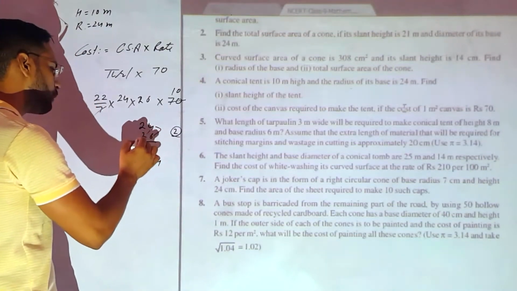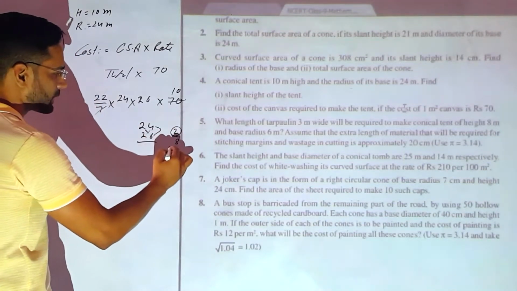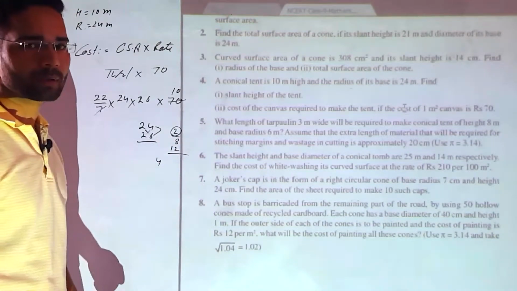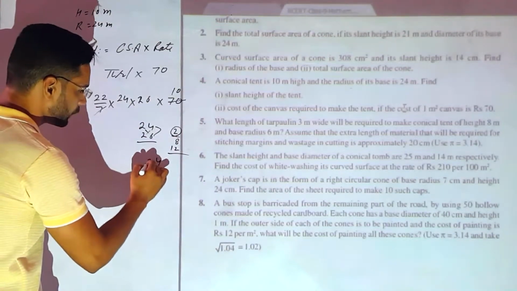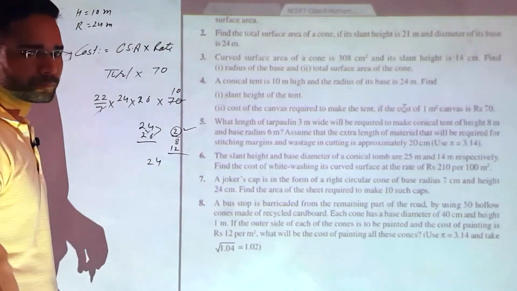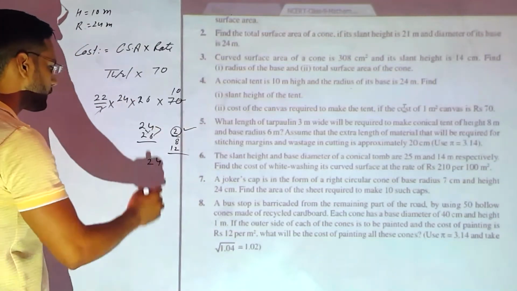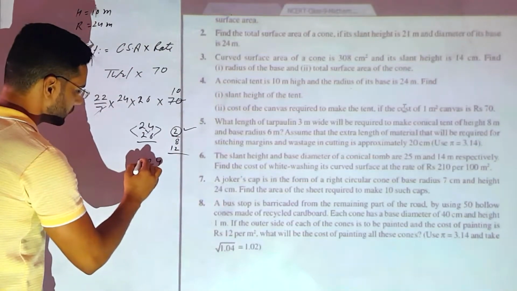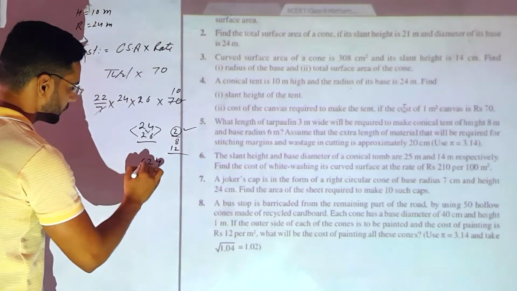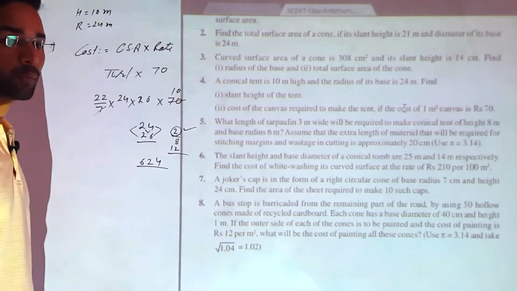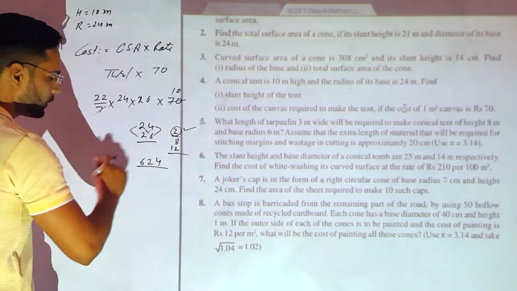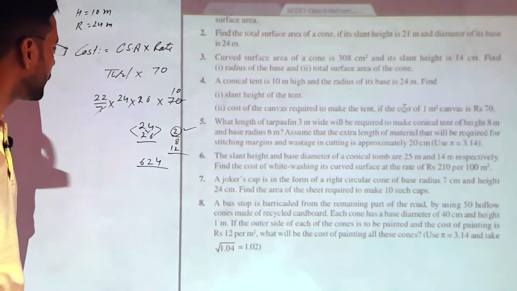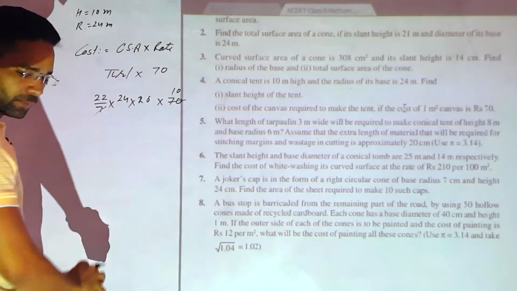Now cross. 4 2 is 8, 6 2 is 12, how much? 22. 2, again 2 carry. Now this one 2 2 is 4 plus 2, 624.